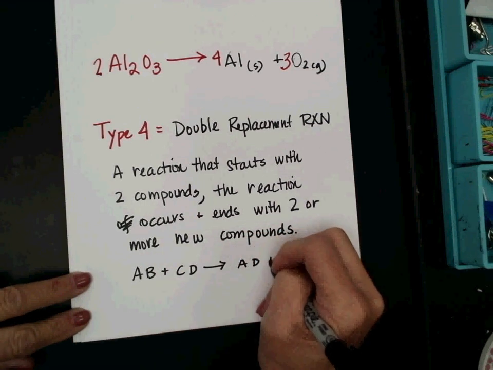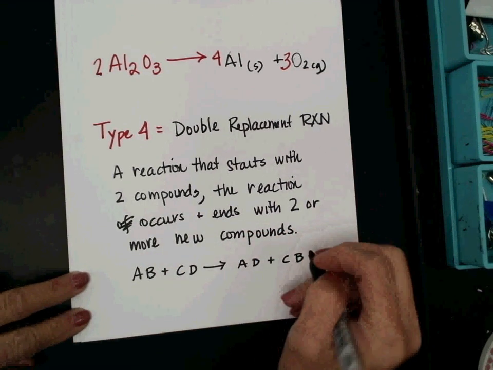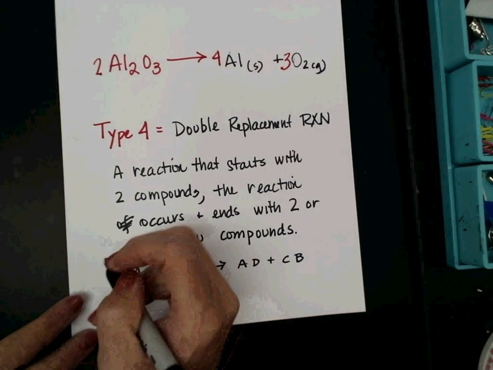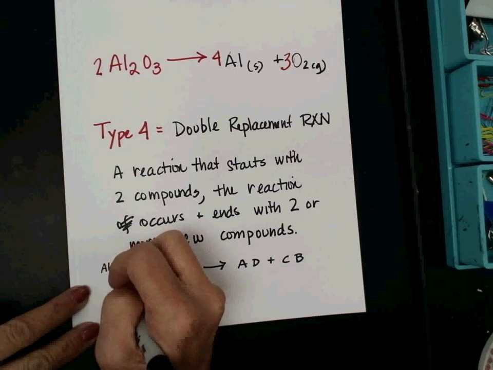So it's like AB plus CD gives me AD plus CB.